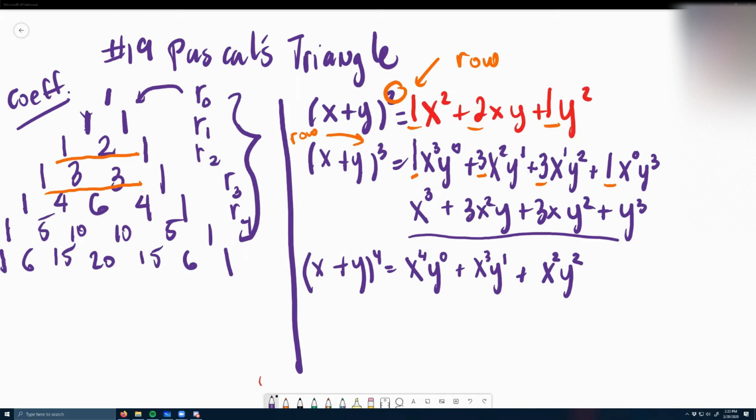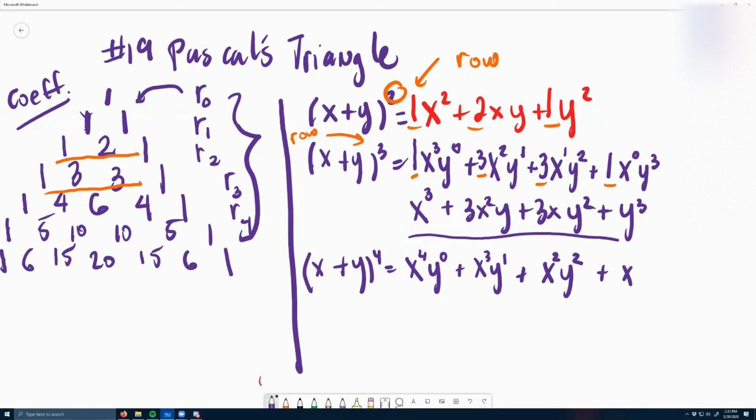Anyway, as we can see, if we follow the pattern, this is going to be x to the 1st, y to the 3rd. How do you know when you're done, though? How do I know when I'm at the last term? Well, you are done when this says 0 and this says 4.